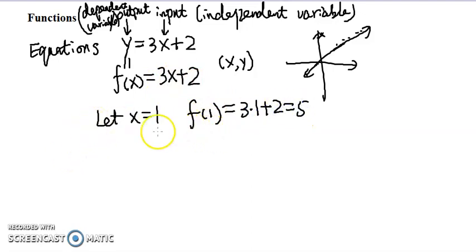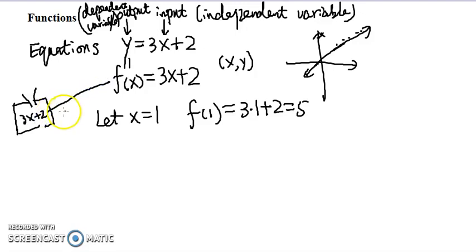And this is also similar to a vending machine. So we can draw a vending machine here, and we can put numbers into this machine. What's the machine? The machine is the function. So we can write down the function here: f of x equals 3x plus 2.